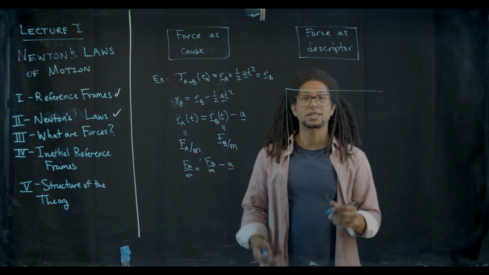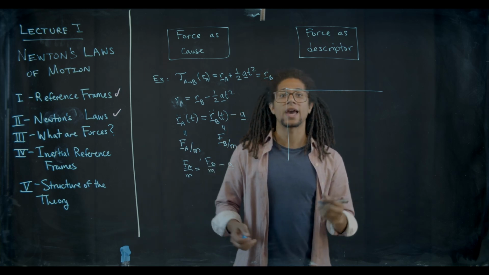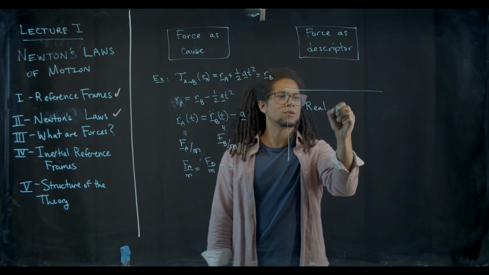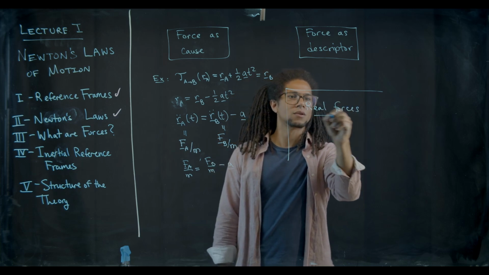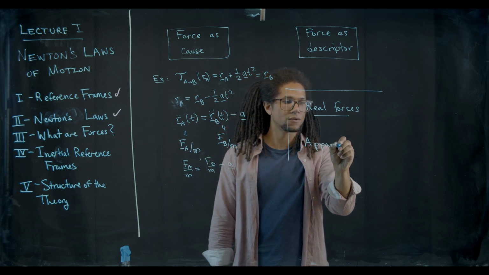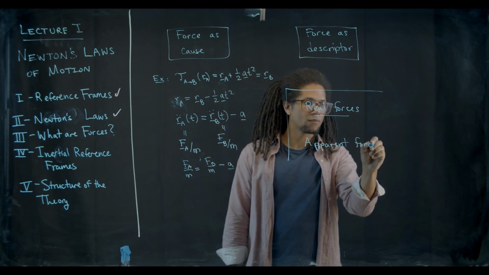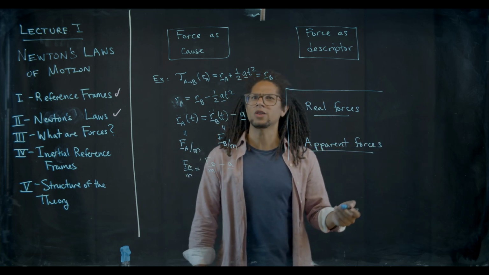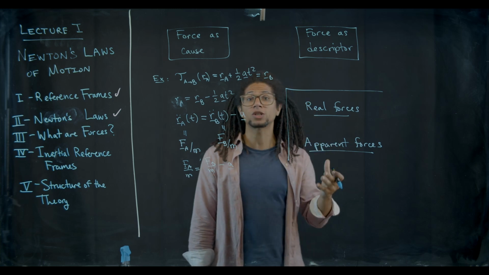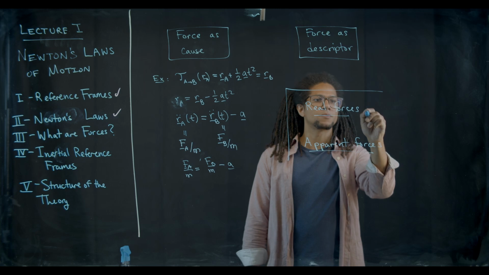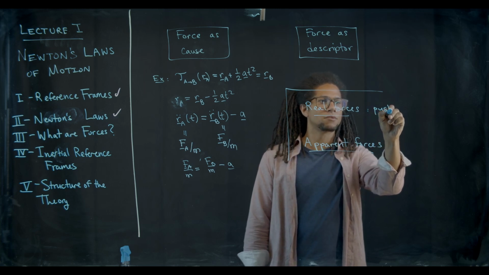All we need to do is take forces and divide them into two categories. The first are real forces, and the second are apparent forces. So real forces, what are they exactly? Well, they're forces whose source we believe we know. So things like pushing.